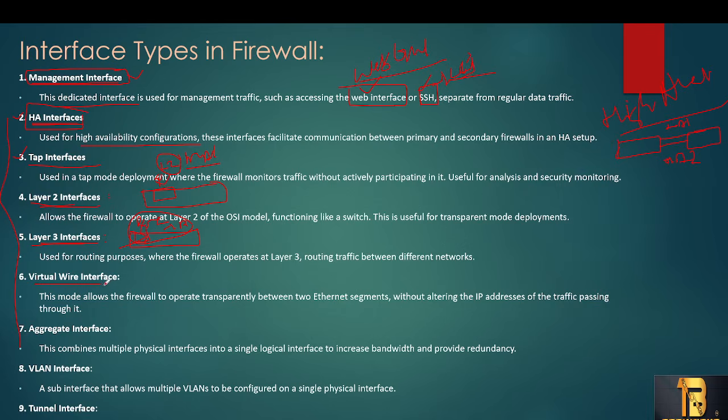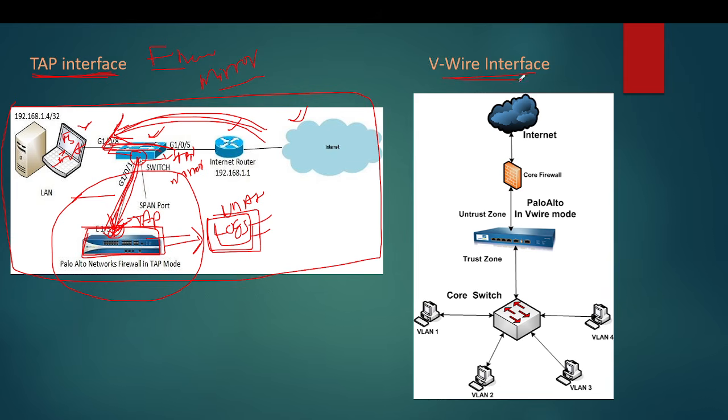Now we will be having a virtual wire interface, which we also call a vwire interface. Now, with the tap interface, you have identified the unauthorized access, right? So now the administrator sees a huge number of unauthorized accesses entering the network.